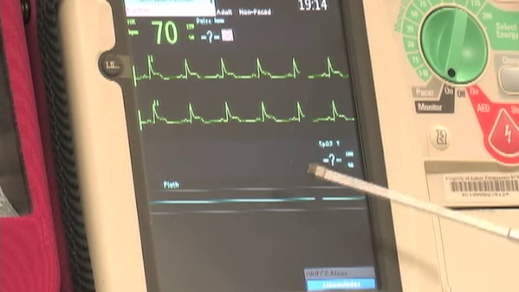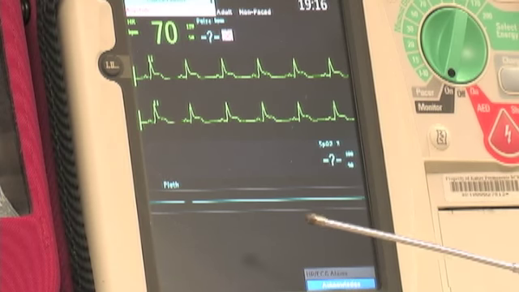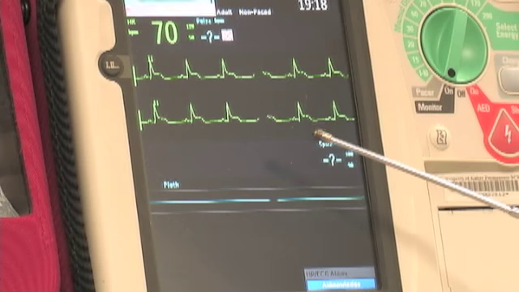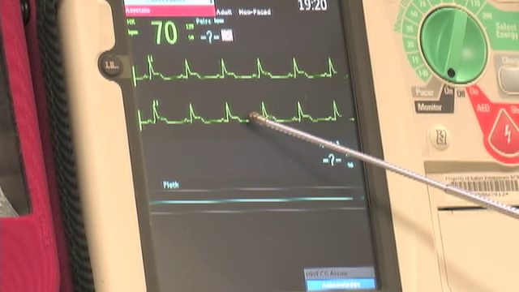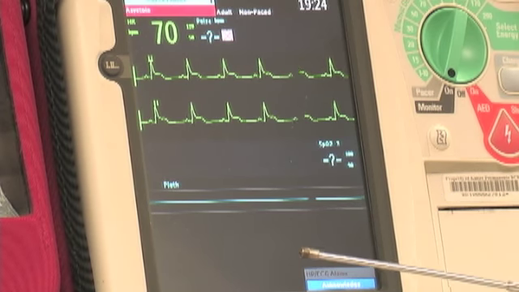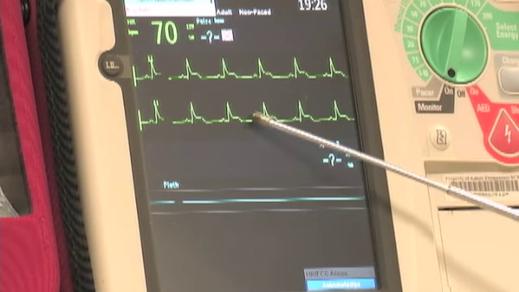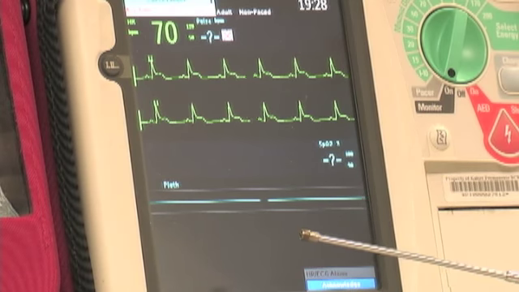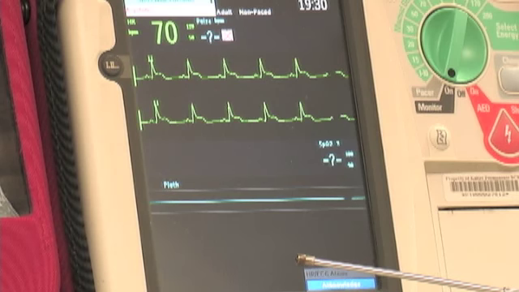So this is ST elevation. So when we show you this on the monitor, you've got to recognize, those STs look elevated. This could be an ST elevation MI or a STEMI. We need to follow up what we're seeing here with an EKG to confirm the diagnosis of ST elevation MI.